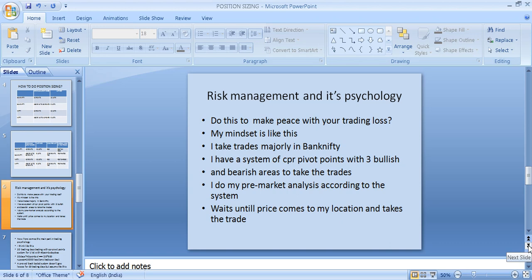Once you understand this concept, you will implement it in your trading, because this position sizing concept is not my own concept. I have read so many books, implemented it in the live market, made some losses, made some profits, and I am here with some good experience and a good amount of time in the markets.